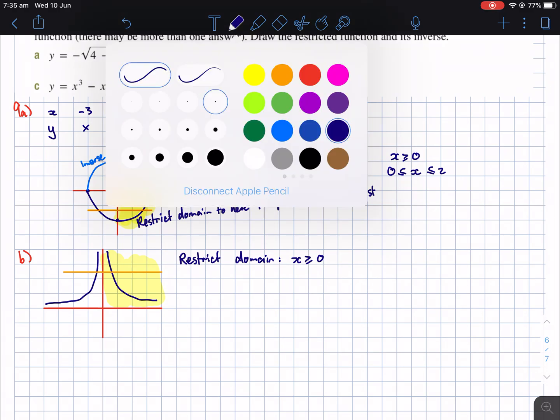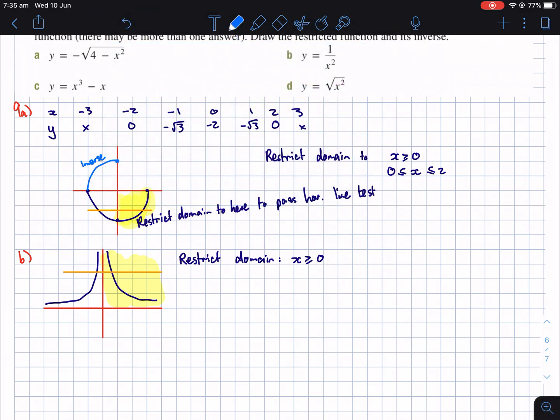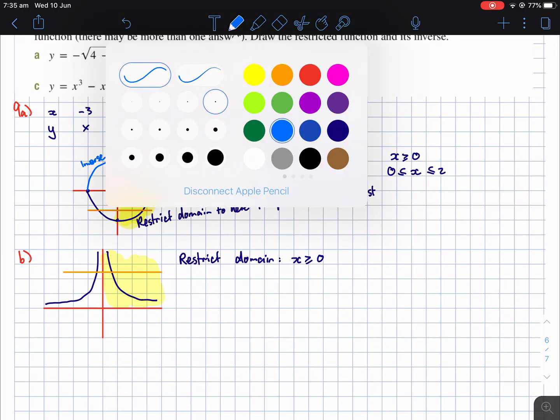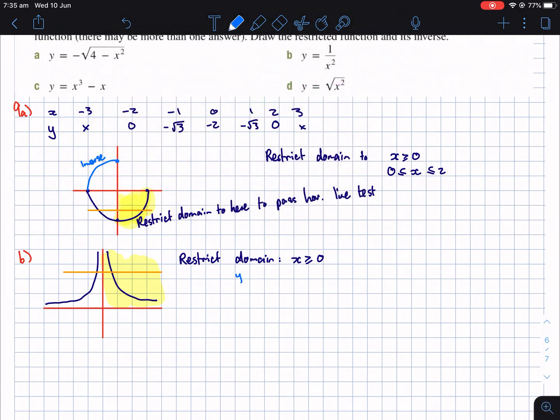Which means if we're now reflecting that, if I've got y equals 1 on x squared, x equals 1 on y squared, so we've got y equals the square root of 1 on x.